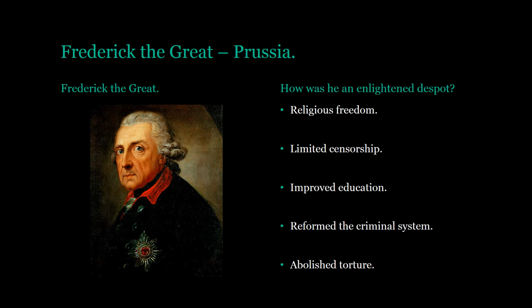One of these was Frederick the Great, whom we talked about during the Age of Absolutism. He was from Prussia. And how was he an enlightened despot? Well, he allowed for religious freedom, so he did allow for different types of religious groups. He limited censorship. Limiting censorship means that prior to this, many kings and queens would limit what the press or what people in public could say about them.